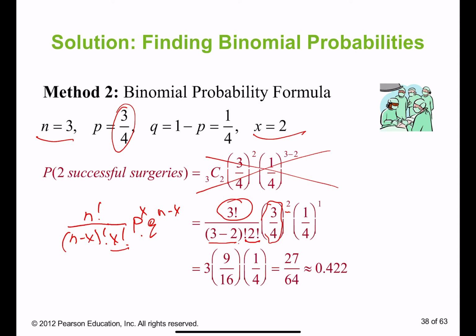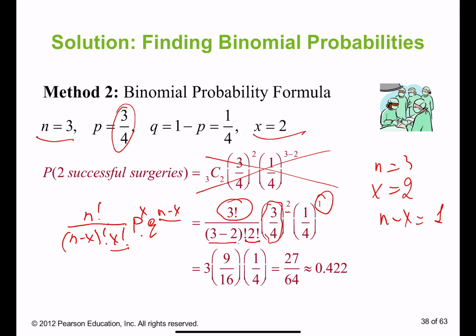Then probability of failure: if total n is equal to 3, successful x is equal to 2, then failure will be n minus x, which is equal to 1. Therefore, we have here q to the power n minus x, which is 1.